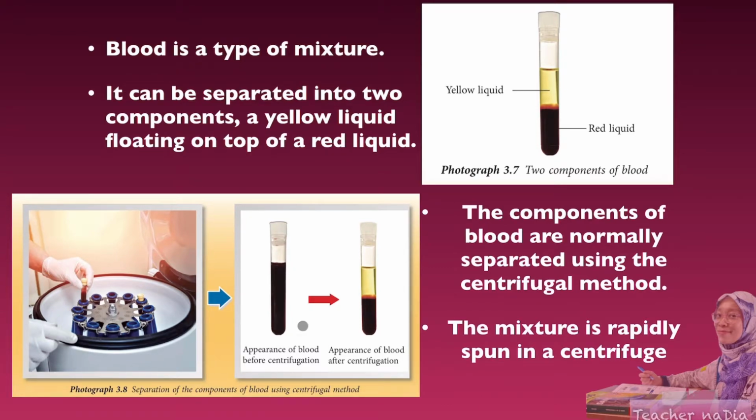You can see the difference in the appearance of blood before the centrifugation and after the centrifugation. Before, the blood is all mixed together, all the components mixed together, but after the process you can see the mixture is separated into two parts, a yellow liquid and a red liquid.